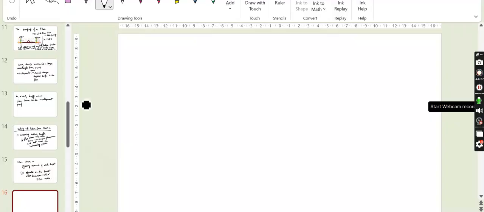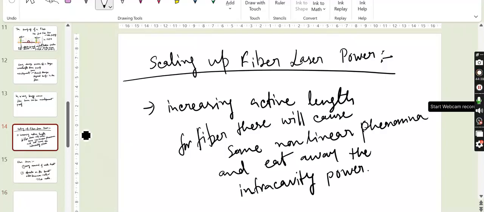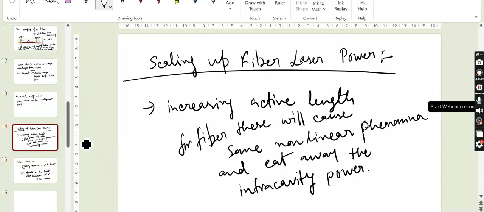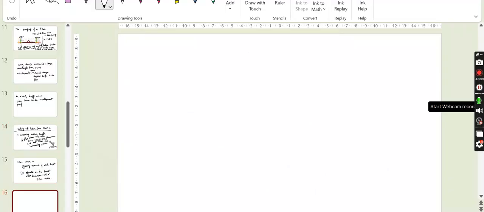So the nonlinear processes arise at different frequencies. We don't want that. We want the frequency we need.